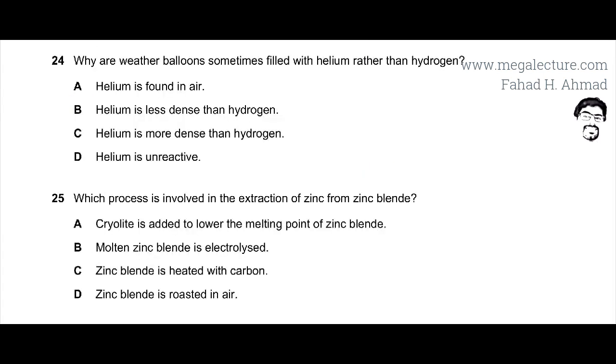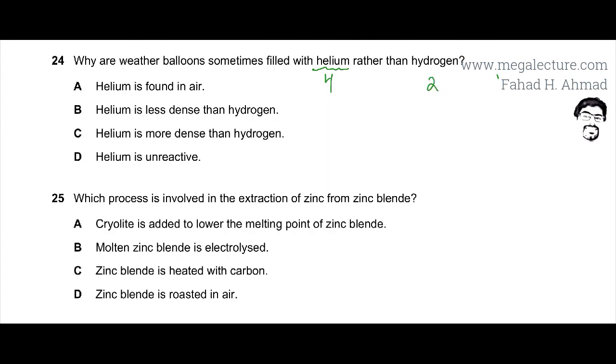The following question reads: why are weather balloons sometimes filled with helium rather than hydrogen? So you have weather balloons and you fill them with helium. Now the reason: these two gases are very light. Helium has an atomic mass of 4. Hydrogen has an Mr of 2.